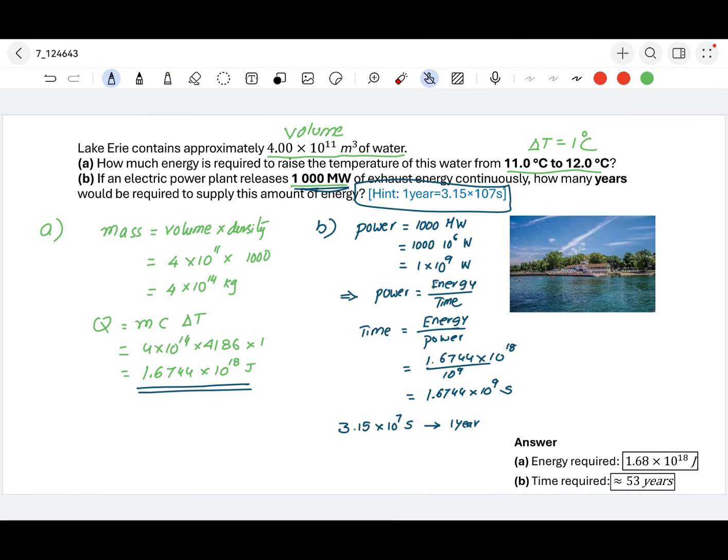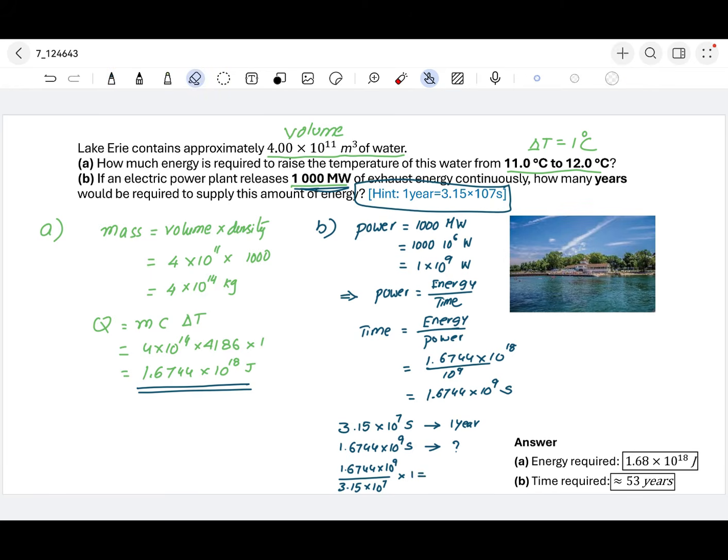How many seconds we got here? 1.6744 times 10 to the power of 9. 9 is more, so it will be more than 1 year. So 1.6744 times 10 to the power of 9 over 3.15 times 10 to the power of 7, multiplied with 1 year.